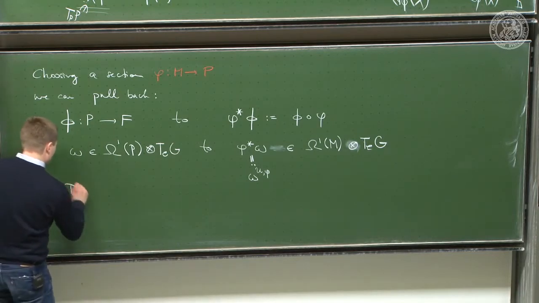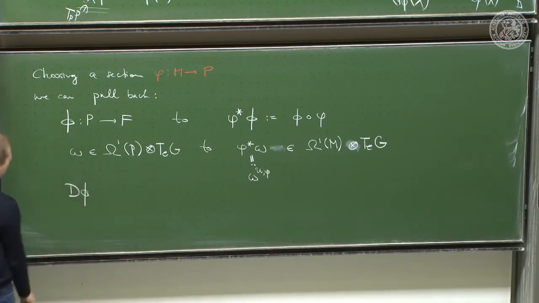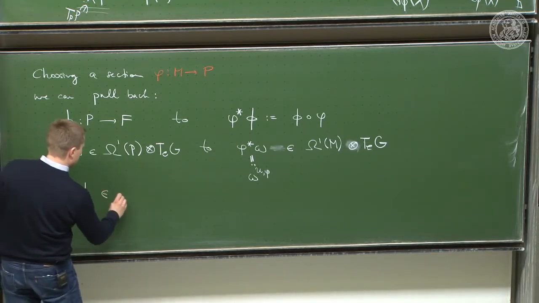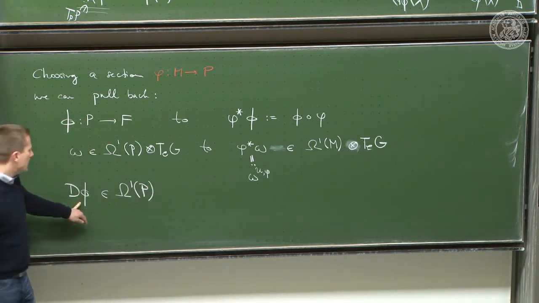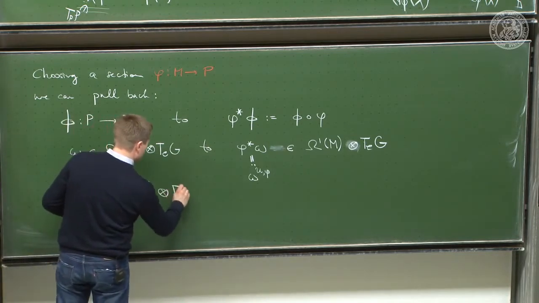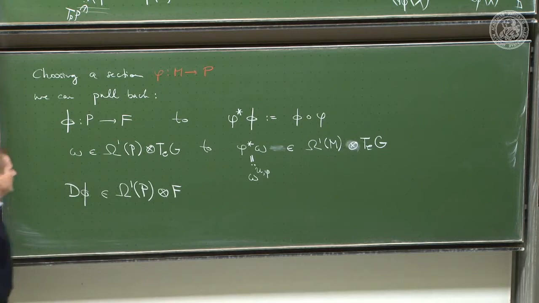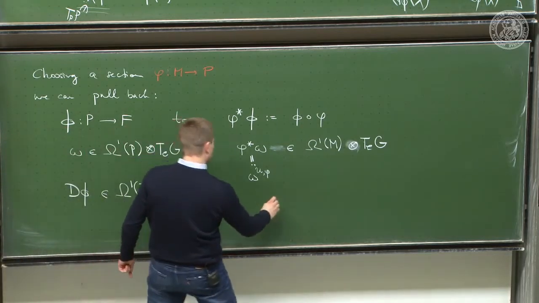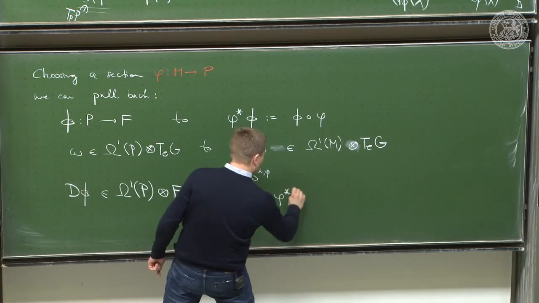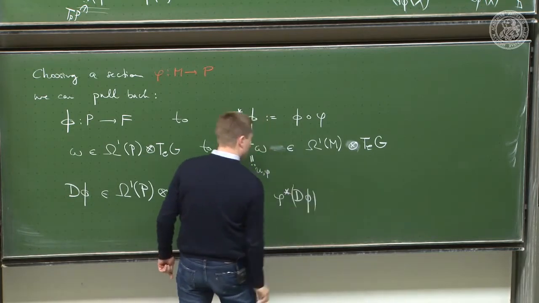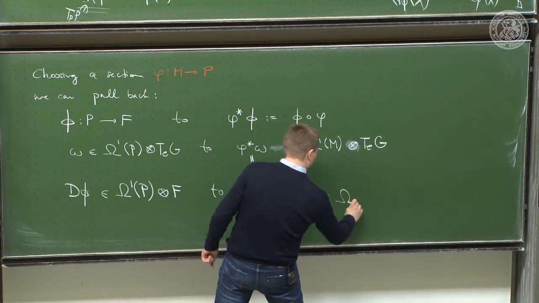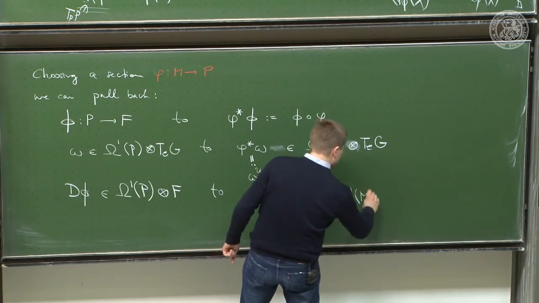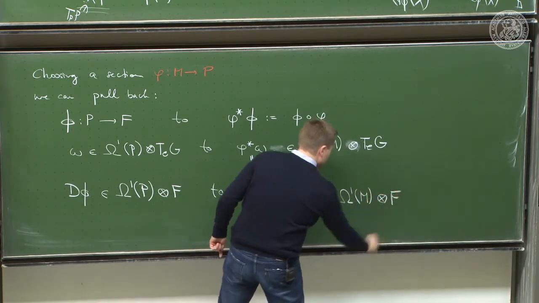And of course, we can also take our exterior covariant derivative d phi. What is that? That's also a one form on the principal bundle, and it's F valued. And we can pull this one back to phi star d phi. And what is that? That is a one form on the base manifold that's F valued.